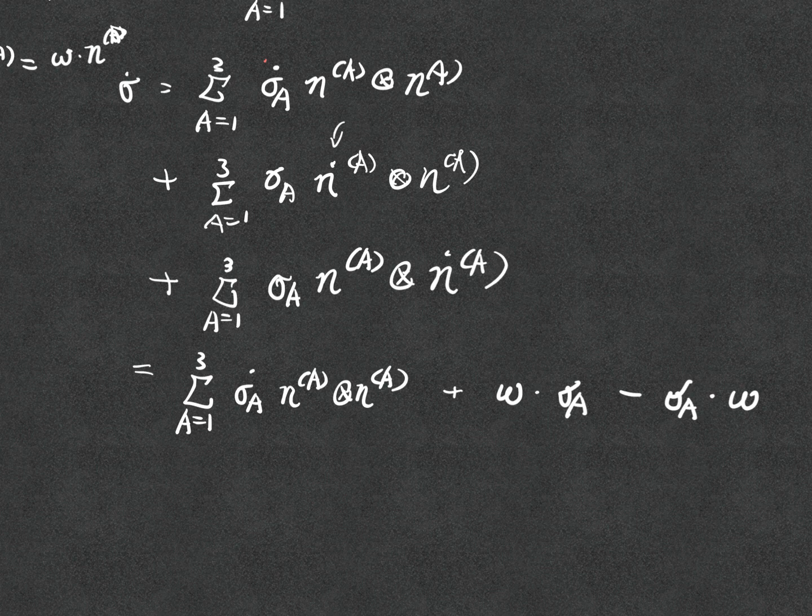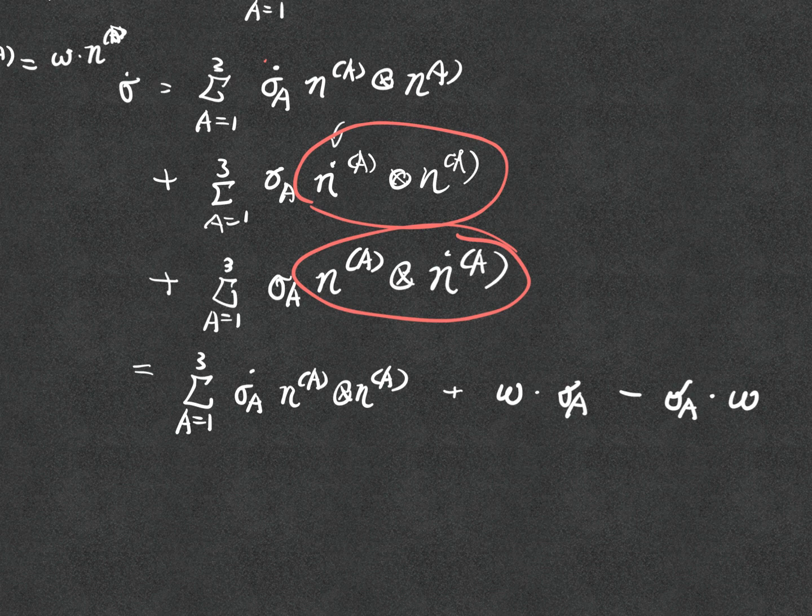I just switched the order. And when I switch the order, remember W is a skew symmetric tensor, so I obtain my minus sign here.